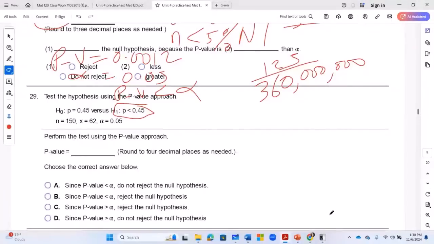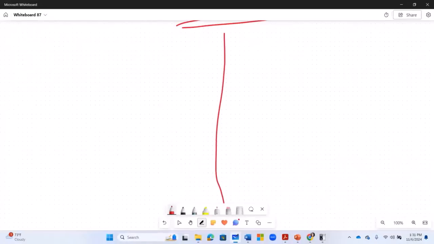The null hypothesis is 45%. And we're doing another test, and this is a p-test.